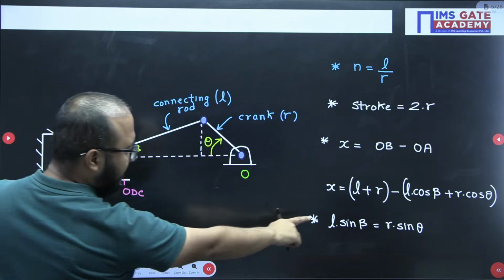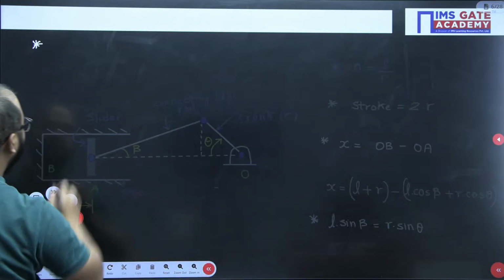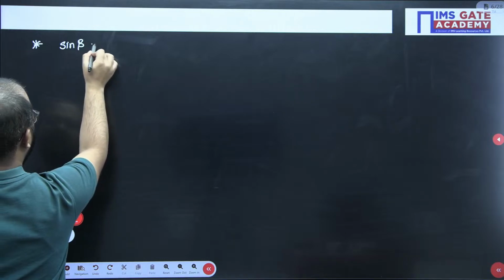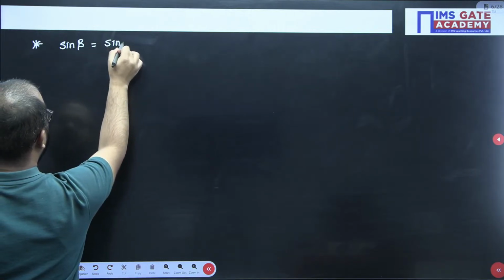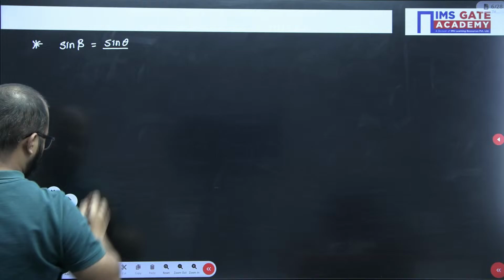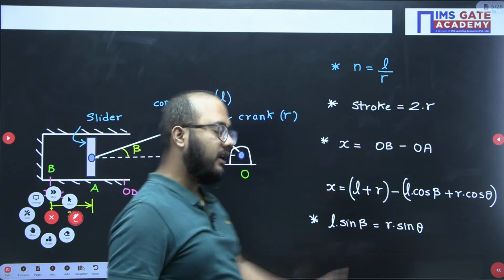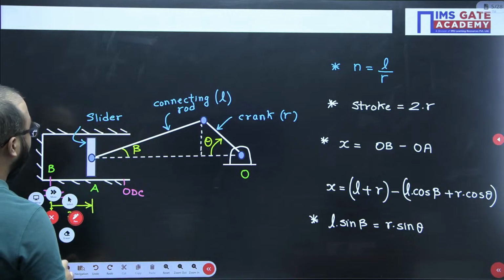So sin beta can be written as sin theta, R is already there in the denominator, L is there, L will come finally.